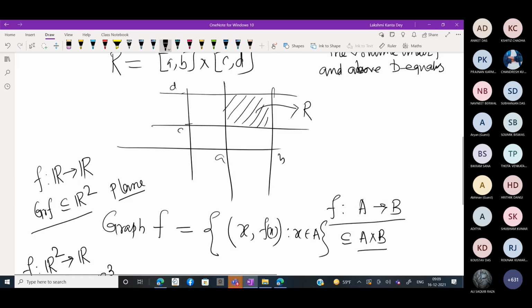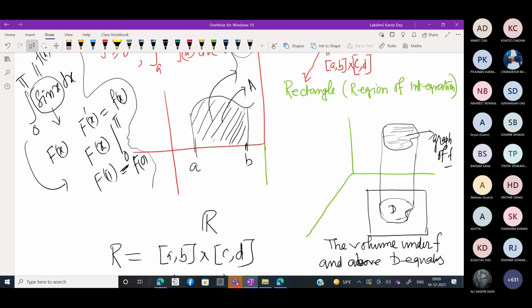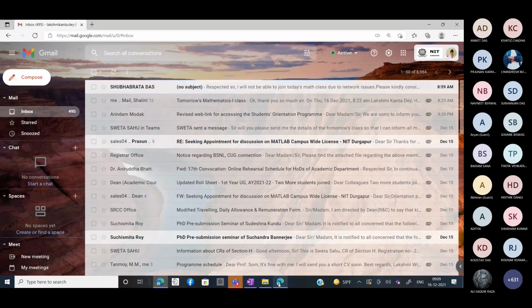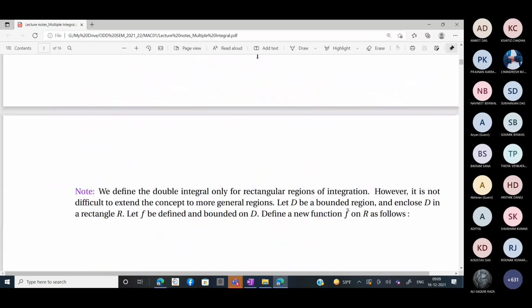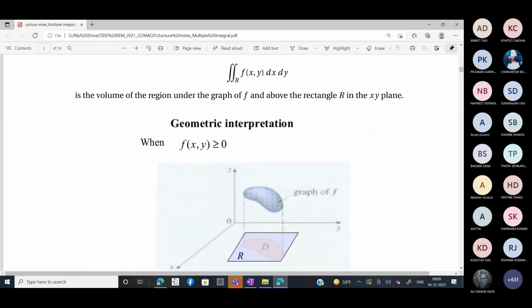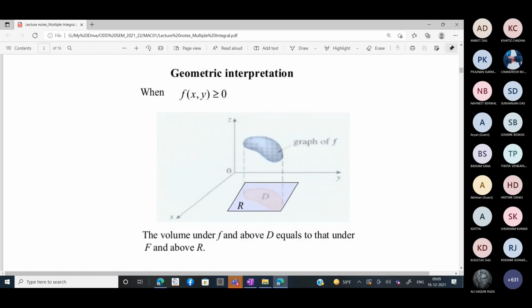Now you see, the graph of f is initially a three-dimensional figure. The drawing is not up to the mark, but let me show you more precisely. If you can see this, I initially assume that the function is positive, or maybe non-negative, and this is the graph of f.